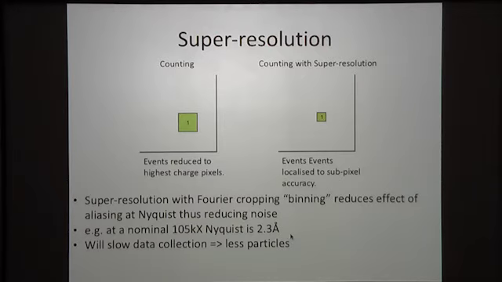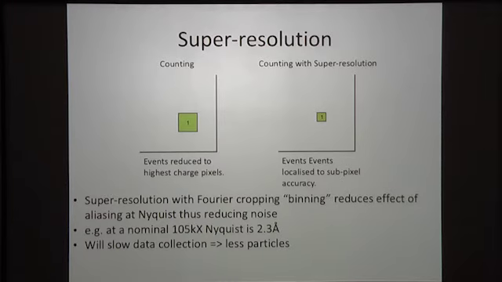Furthermore, as you can see, with the decay on a detector like the K2, the information past Nyquist is not significant, so you wouldn't be gaining that much. Furthermore, if you decide to collect in super resolution mode, it will slow down your data collection, and you'll have bigger file sizes to deal with.